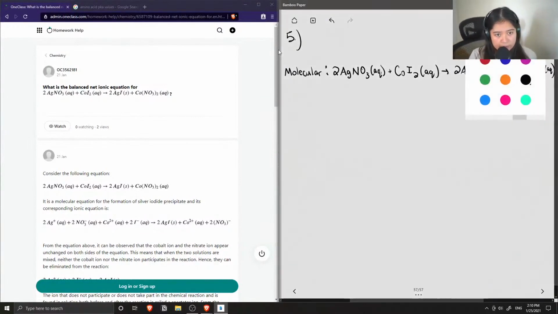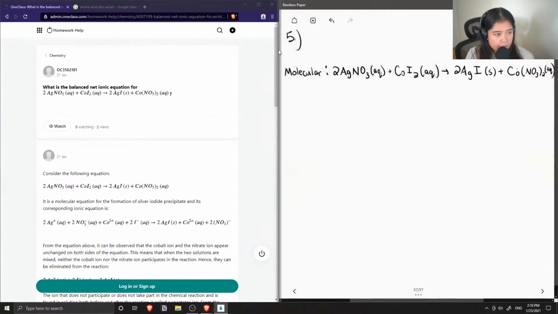So when we want to find the balanced net ionic equation, we first need to write down the total ionic equation for this reaction. When writing out the ionic equation, this just means we separate everything that's in the aqueous phase into their respective ions.